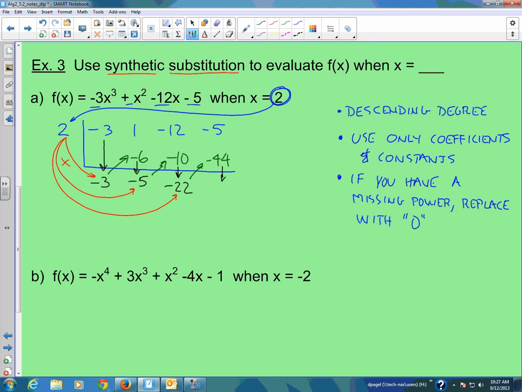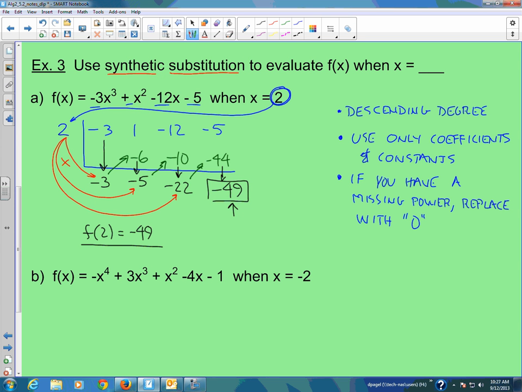Add them up, and look at this, a negative 49. So, f of 2 is negative 49, just like we found with the direct substitution, but this time using synthetic. So the solution to synthetic substitution is going to be this last number here.